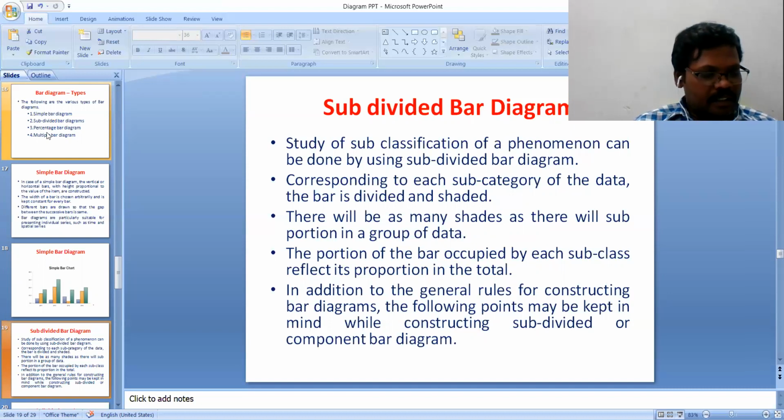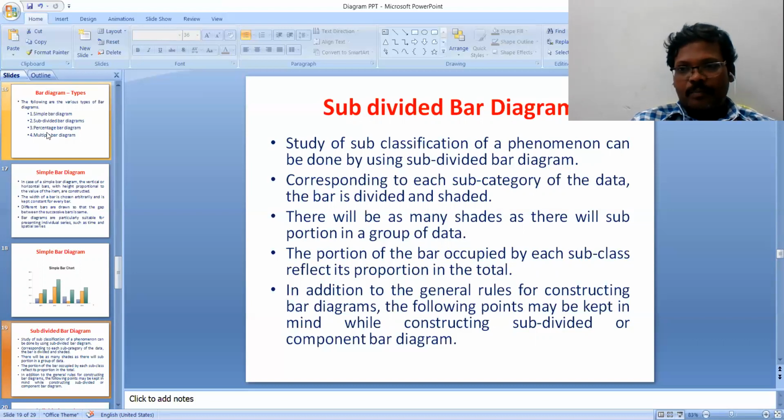There will be as many shades as there are sub portions in each group. In each and every group there will be subgroups, so the subshades will be there to understand easily. The portion of the bar occupied by each subclass reflects the proportion of the total.